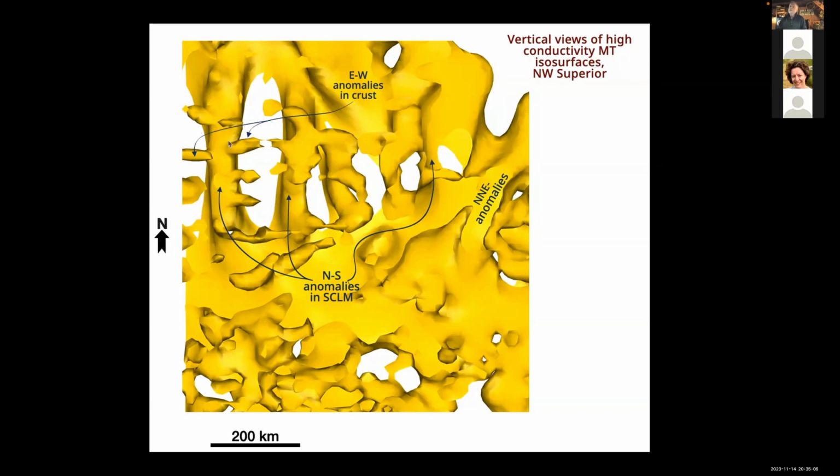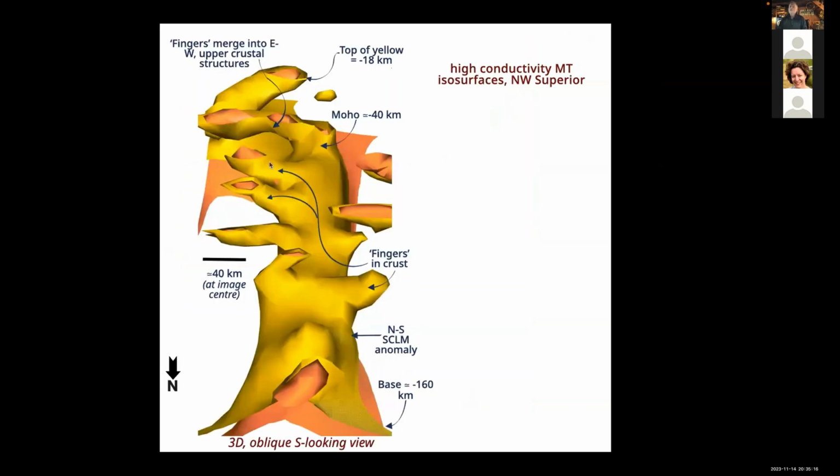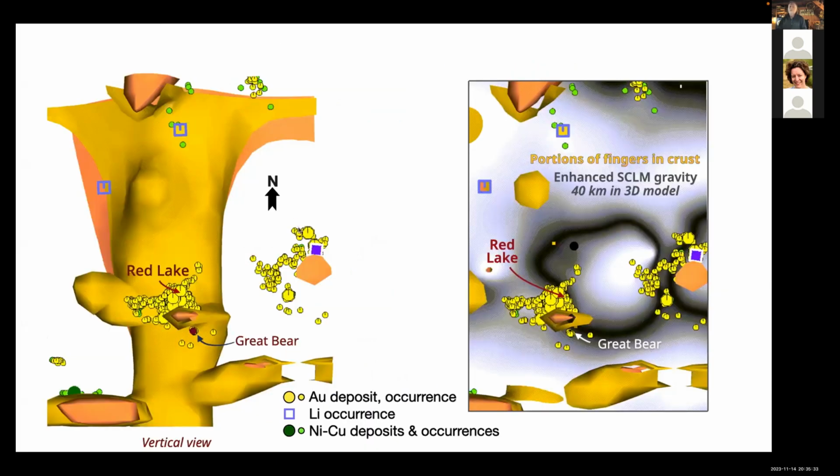And we can see, extending from these north-south features, a series of fingers which are rising obliquely eastwards and westwards into the upper crust. And so looking in 3D, we can see that much clearer, where with this model we see the mantle zone is very broad and north-south here, but at the Moho and further in the crust, these fingers are rising up obliquely.